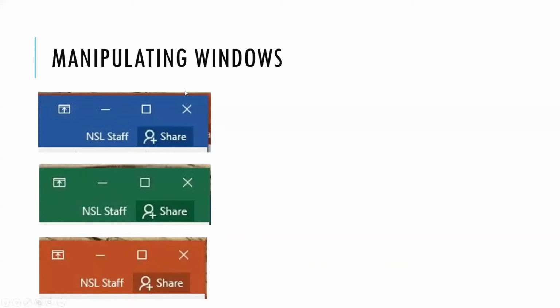So the left one here that is a line, that's what we call the minimize button. So that's what you do if you want that file to go away from your screen. You don't want to close it, you're not done with it, but you want to look at something else on your screen. So you use this line to minimize it. Now let's say the opposite is true and you can't see the window large enough.